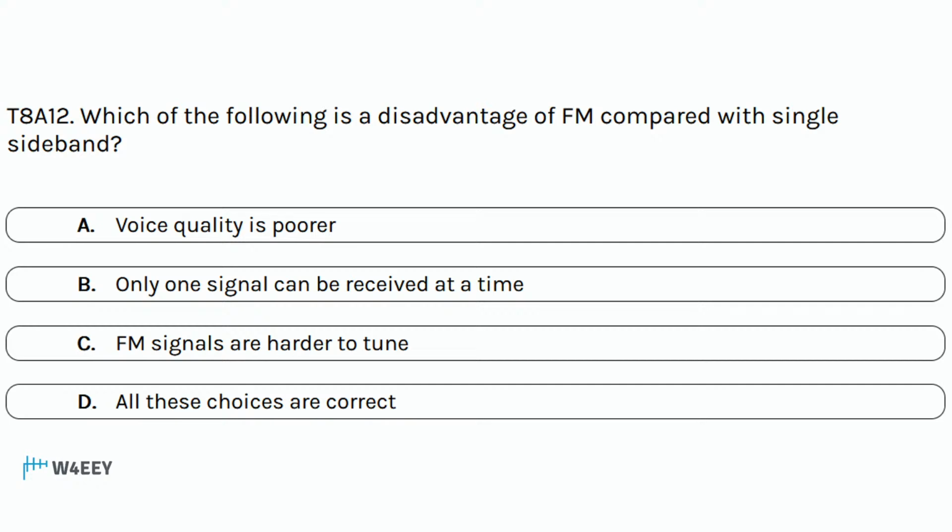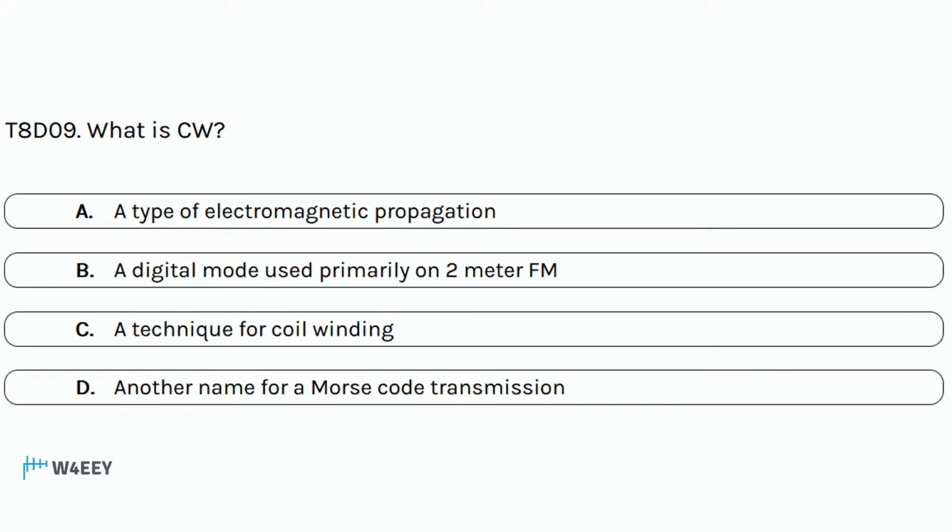Bravo. Because of that capture effect, only one signal can be received at a time with FM. And what is CW? Delta. Yes, it is another name for Morse code.